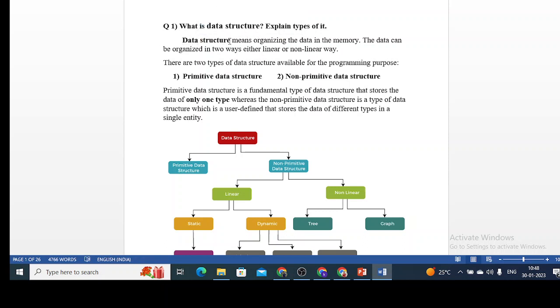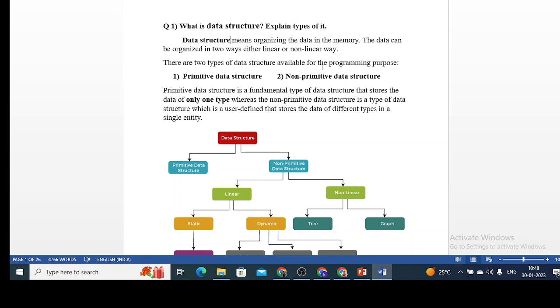Whereas the structure is a way by which we are going to arrange or present our data. So together, data structure means organizing the data in the memory. The data structure can be organized in two ways, either linear or non-linear way. Okay, so we again have categories, that is, there are two types of data structure.